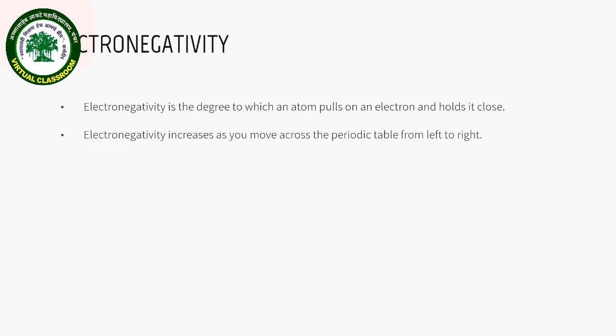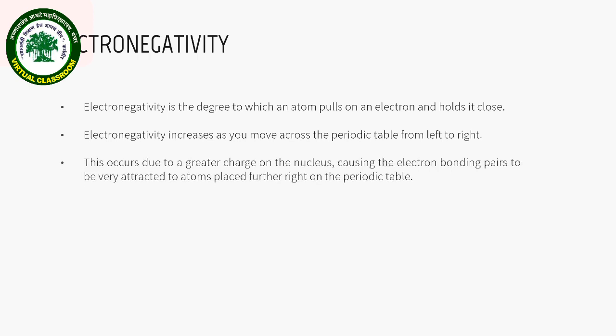Now, coming to one of the key determinants of chemical bonding, electronegativity is the degree to which an atom pulls on an electron and holds it close. It increases as you move across the periodic table from left to right. This occurs due to the greater charge on the nucleus, causing the electron bonding pairs to be very attracted to the atoms placed further right on the periodic table.